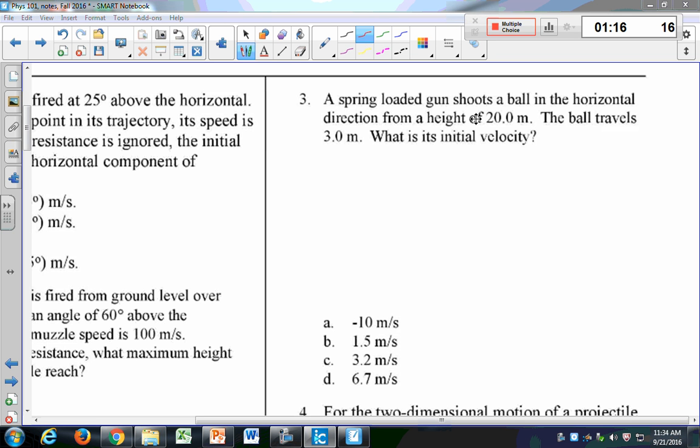Find your time, and then you can find your initial velocity. Notice it is horizontal here, horizontal motion.